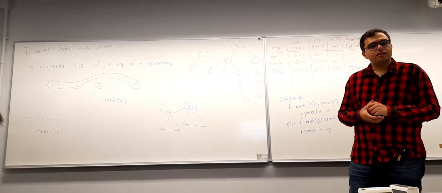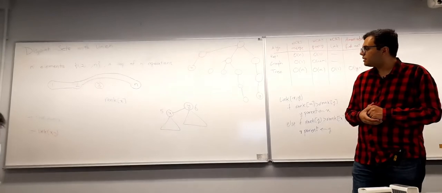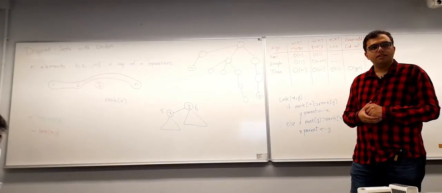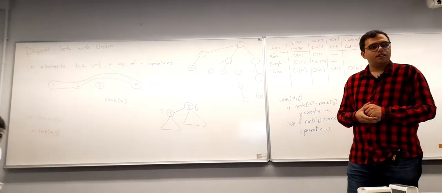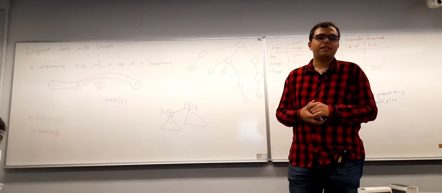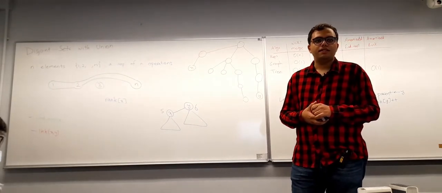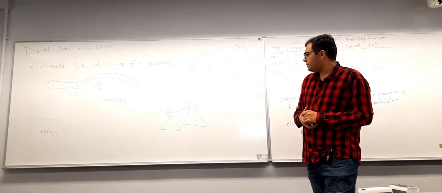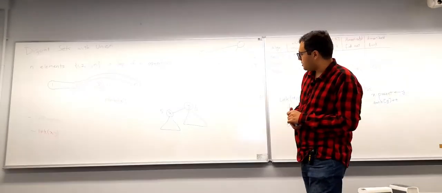You said that the case must be log n per single operation. Yes. And then a single operation is not log n. I don't understand. I mean, not amortized, a single operation, not log n. Yes, probably that's true.